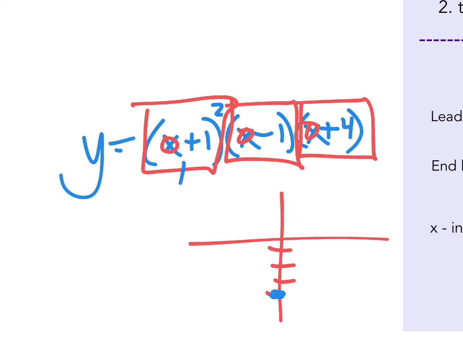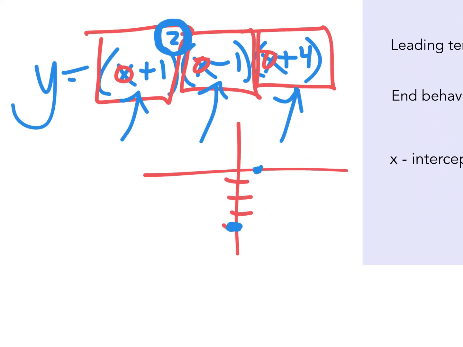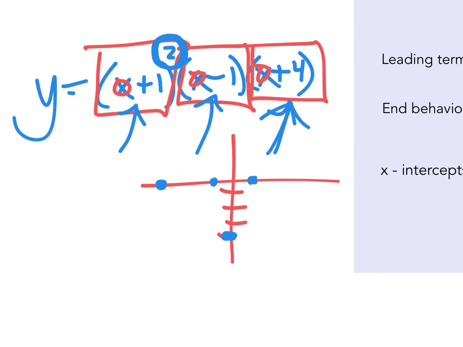All right, we'd still go through this root of -1, this root of +1. We would be bouncing because the multiplicity was 2, and we'd go through -4. So I'm going to finish this one. Here's +1, here's -1, and here's -4 for this one. I know the lead is going to be x squared and the x and the other x, that's x to the 4th.